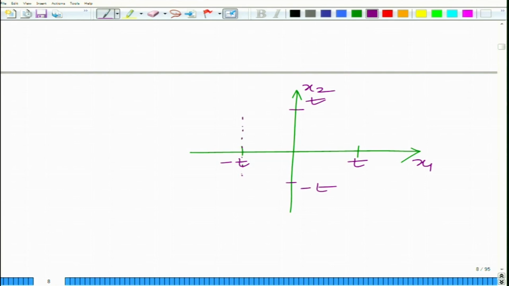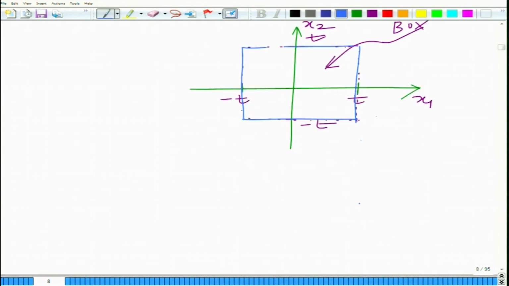That effectively limits your area, that is, your x1 x2 has to lie in this box. So, you can think of this as a box constraint. It introduces a box constraint for the original optimization problem.